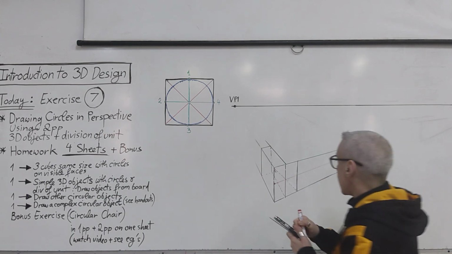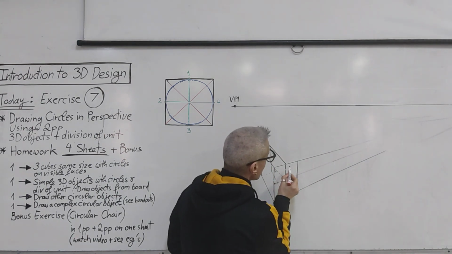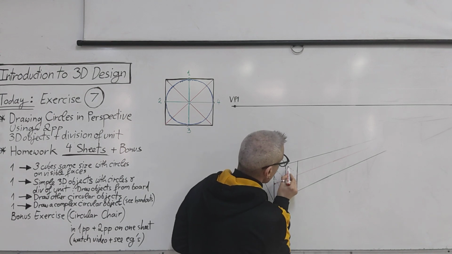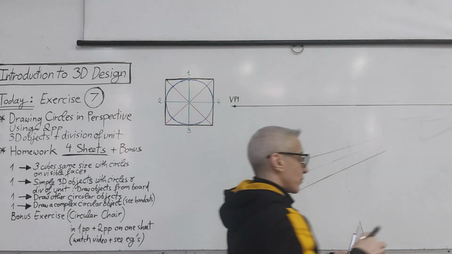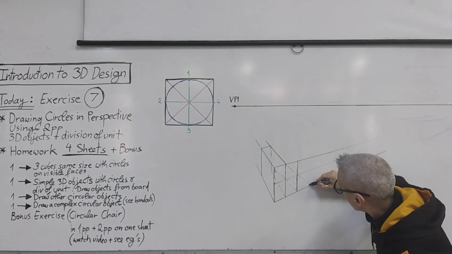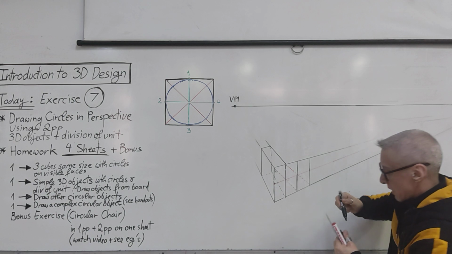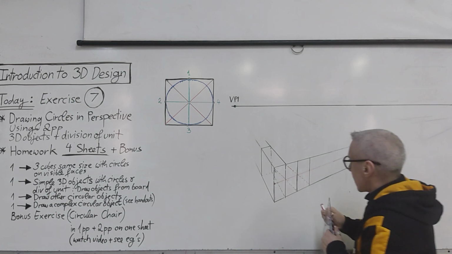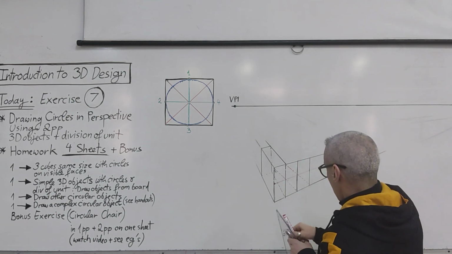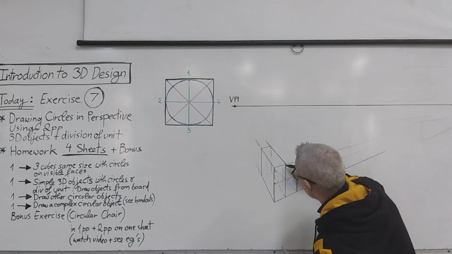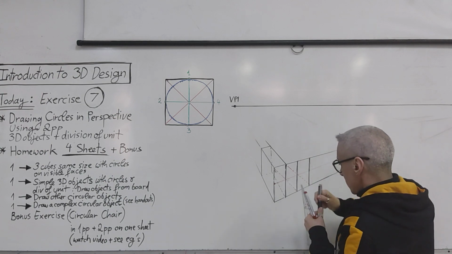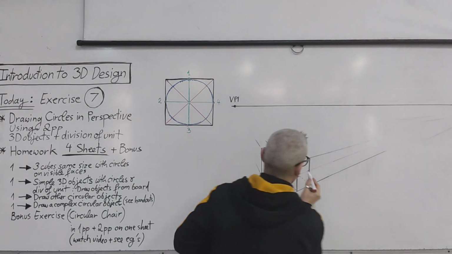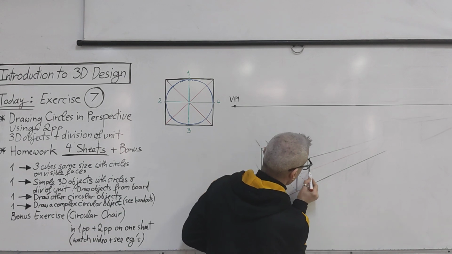And I will divide again. Now we will divide the whole line, and later, if I don't need something, we can delete. Again, from this point through this point.